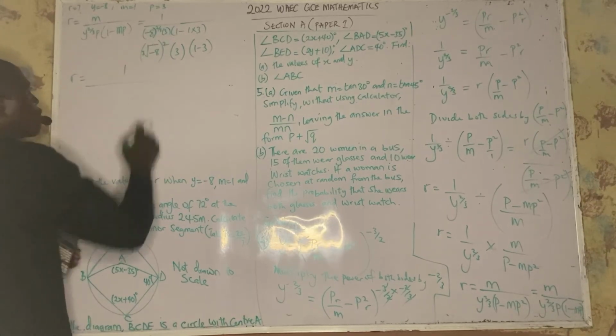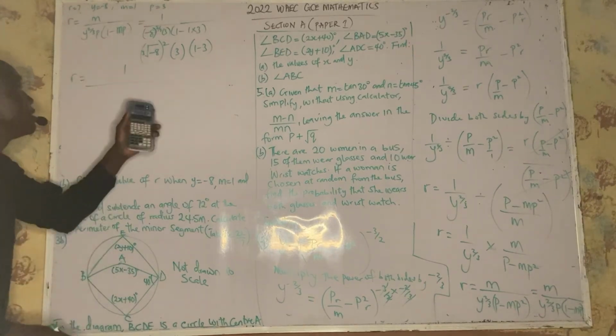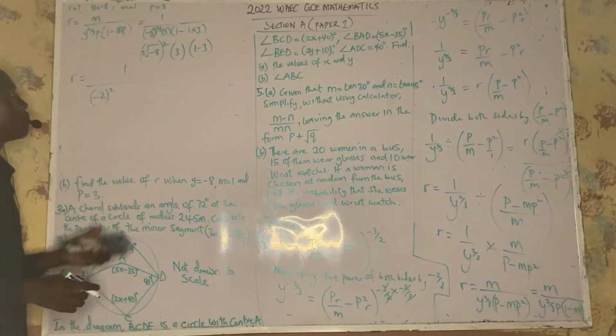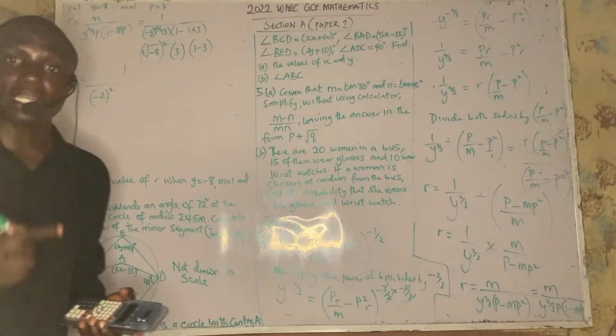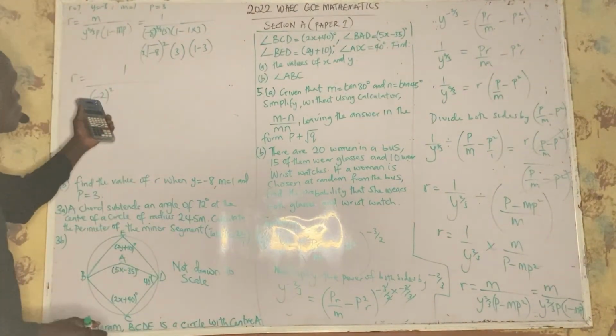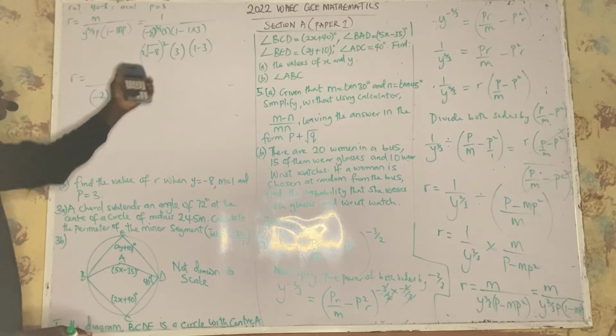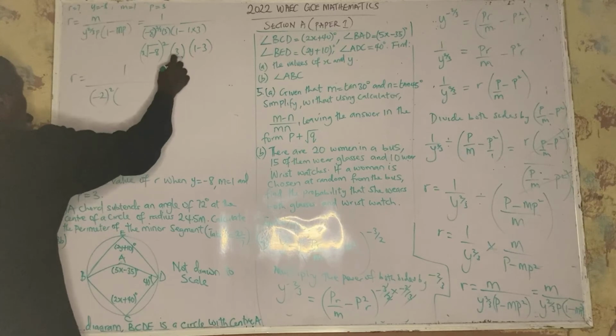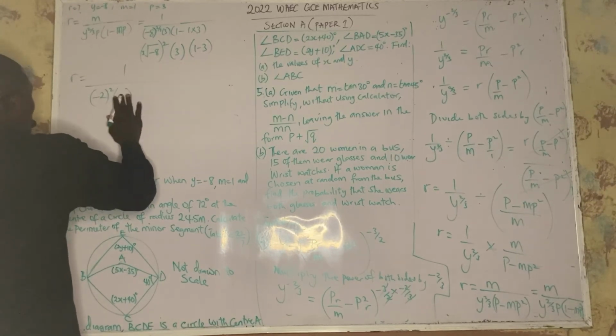Now the cube root of minus 8 is minus 2. Minus 2 all square. So when you press minus 2 times minus 2 times minus 2 gives you minus 8. So that is the cube root of minus 8, which is minus 2. So minus 2 all square into bracket the 3 here, that is multiplied by 3.